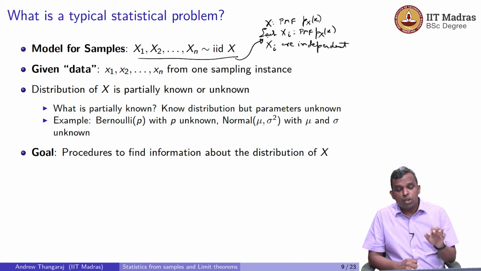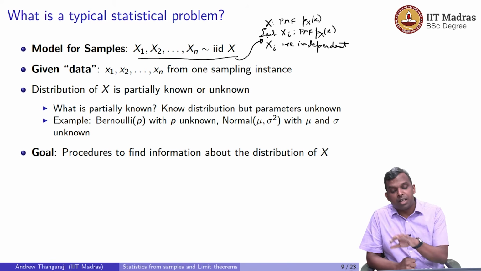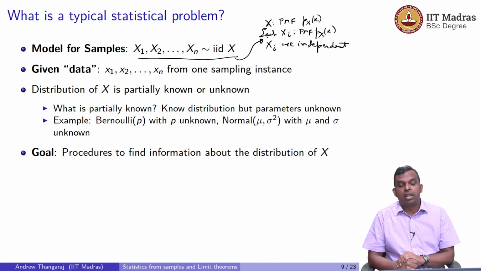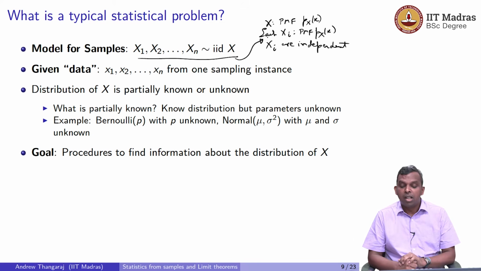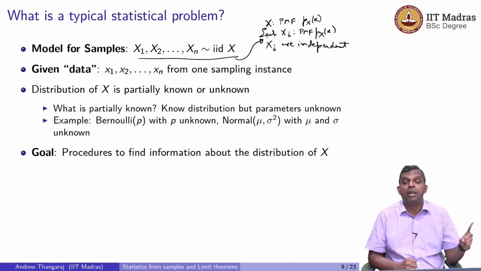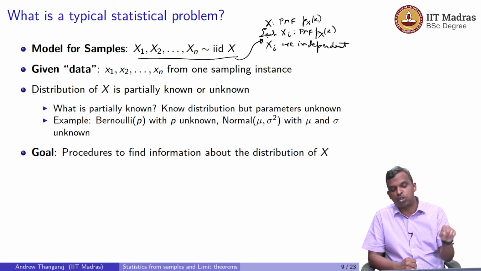Usually the distribution that we assume for X will be partially known or it will be unknown. Unknown is okay, some distribution we don't know. What is partially known? You may know the nature of the distribution, but you may not know the parameters of the distribution. This is the most common assumption.